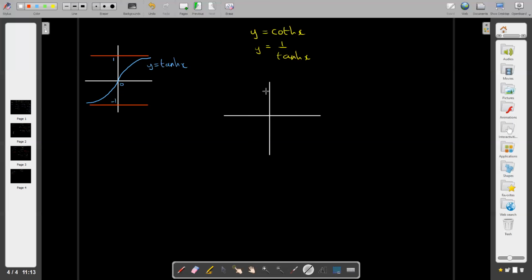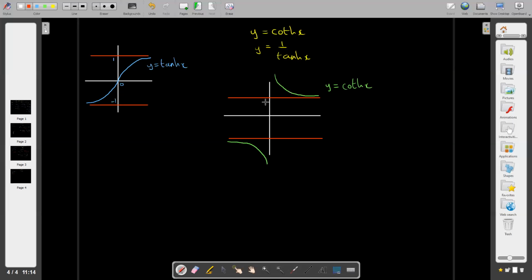So this is going to have an asymptote at 1, and one at -1 actually. So the graph is going to come down and do something like that. And likewise on this side. So this is y equals coth x.